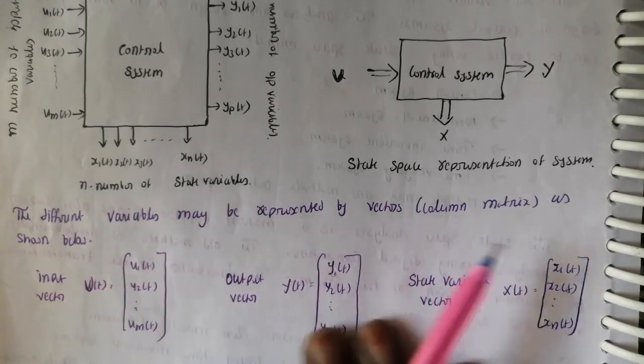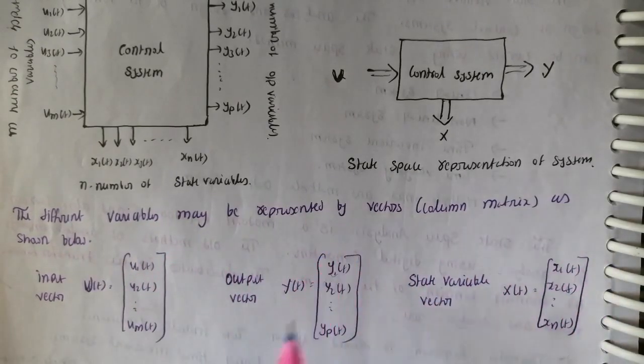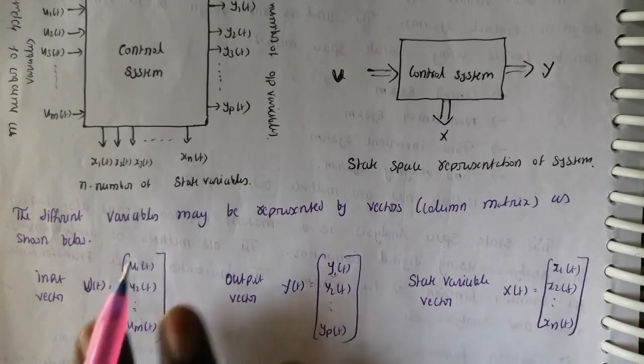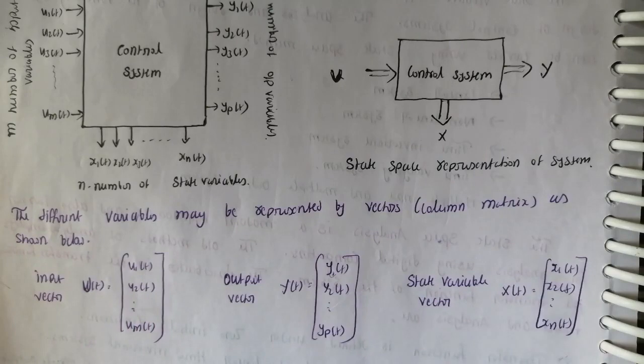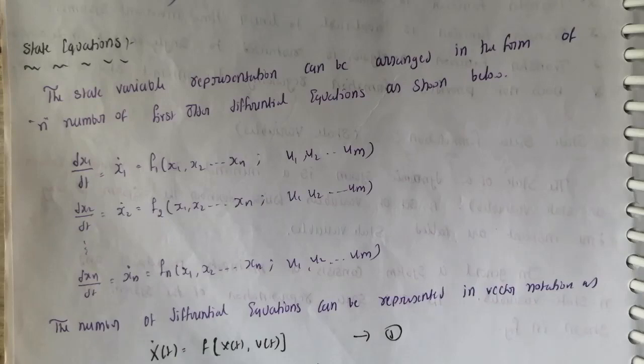These are the three vectors represented in the form of matrices. By using these three sets of variables, we can analyze and model the control system by using state space analysis. Let me see how the state equation will be formed.